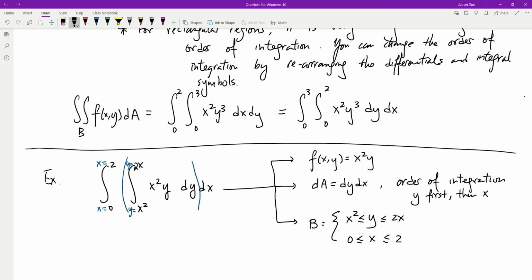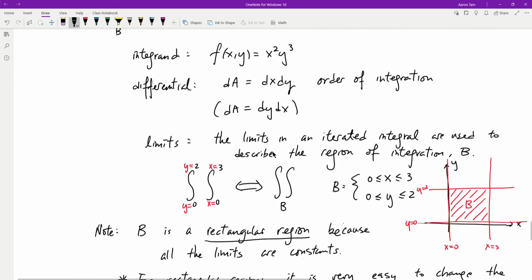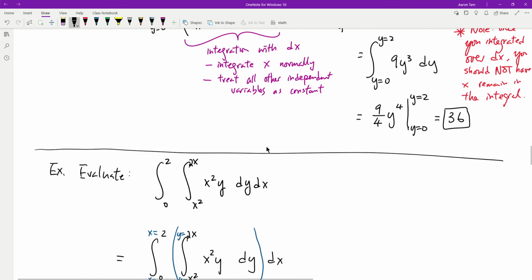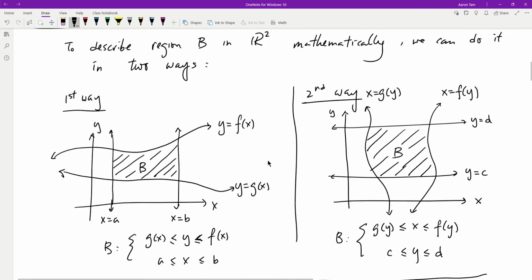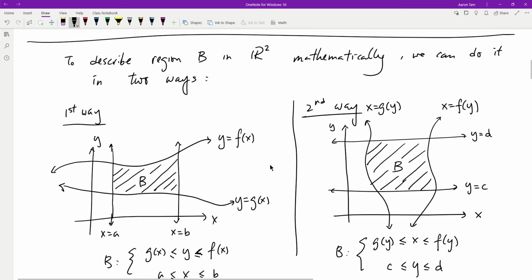And you can probably make a connection to what you saw in our first video, where I told you that if you have a region in R2, there are two ways to describe it. One of them is to use two curves from top to bottom, and then two vertical lines from left to right to box it in.